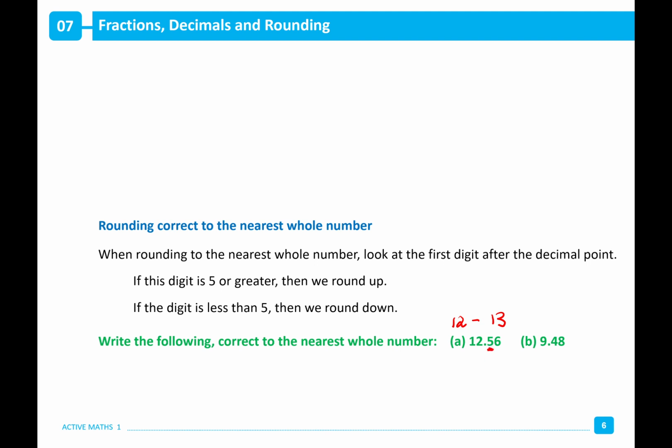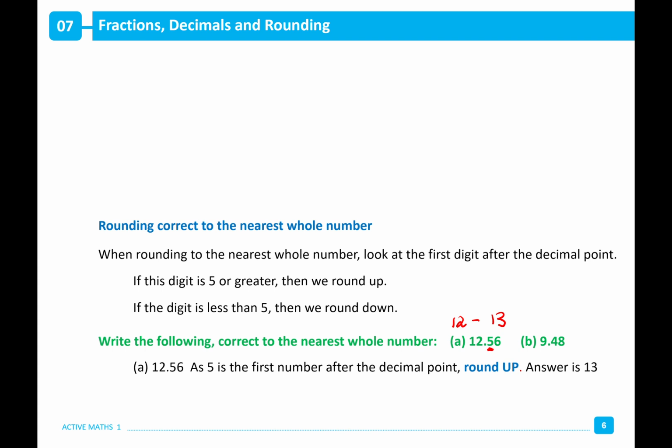The number after the decimal place, in this case, is 5, and therefore we round up. Our answer is 13. This means that our number, 12.56, is closer to 13 than it is to 12.